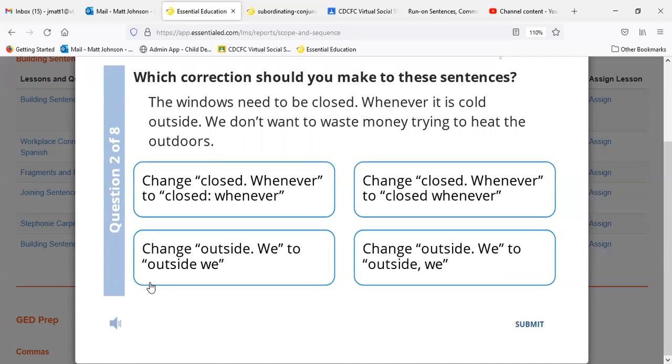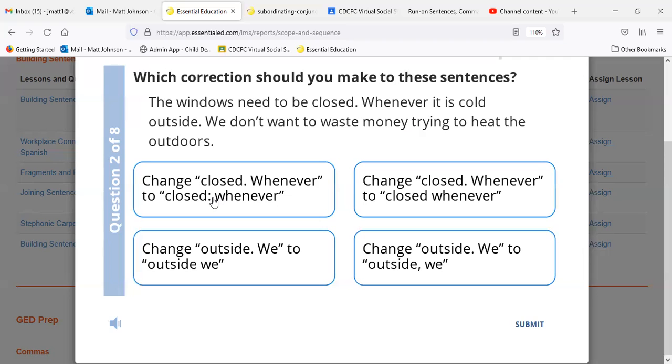Also a complete sentence. So whenever, right, that's another one of those words we talked about. Whenever it is cold outside, it doesn't work as a standalone sentence. It makes much more sense to add that to that first sentence, and then we'll look at our options of how we're going to do that. So that's probably going to leave us with 2 options, right? Looking here, we have 2 options that deal with whenever. So how do we change it?